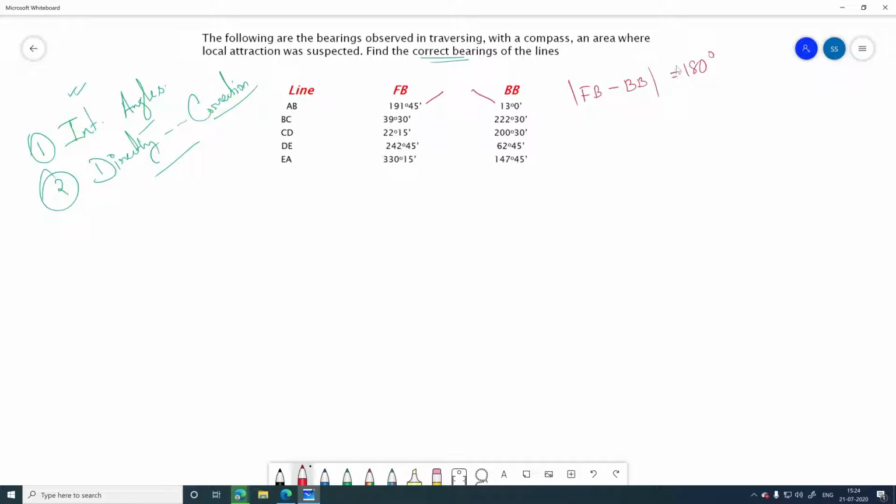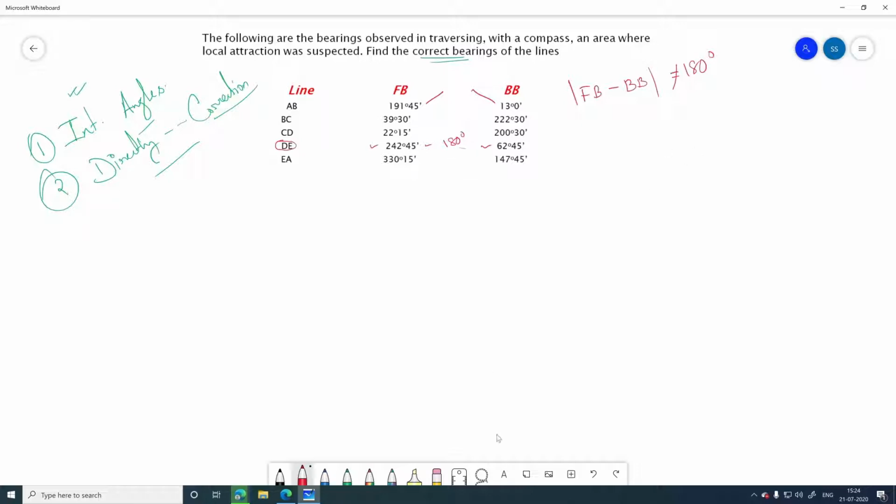But if it is not equal to 180 degrees, then there is an effect of local attraction. If you check AB, BC, CD and DE, you can see that the DE line is free from local attraction, because the difference between 242 degrees 45 minutes and 62 degrees 45 minutes is exactly 180 degrees.